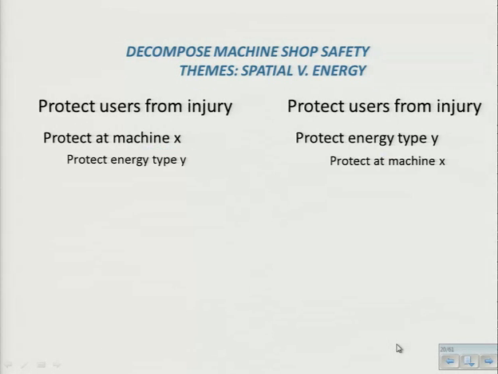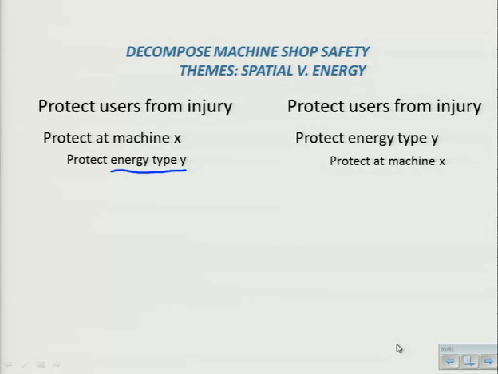Now, one of the interesting things is that after we say, all right, let's protect them at each machine, how do we know we're doing a good job at that machine? Well, we could look at all the different kinds of energy that are at that machine. And we say, geez, how do we know we've covered all of the places where somebody might be able to absorb some kind of energy, electrical, mechanical, thermal, that would be bad for them?